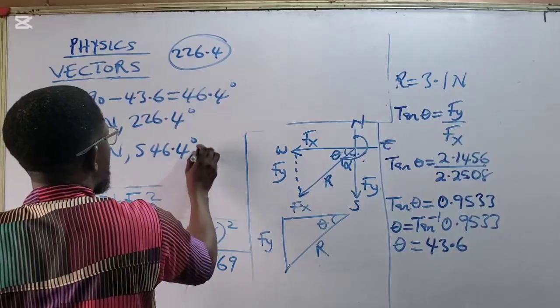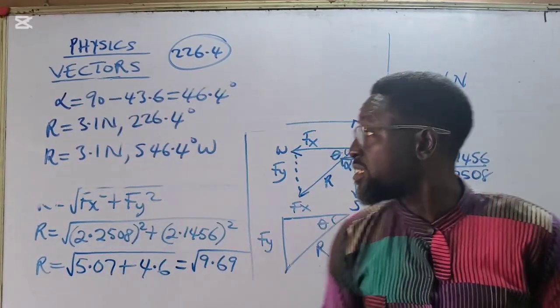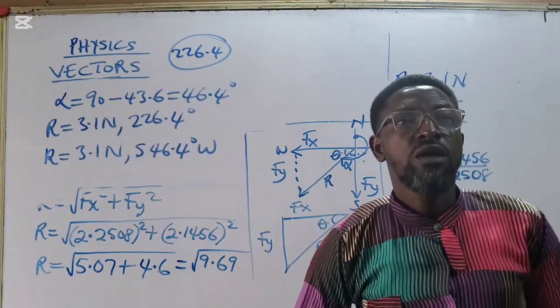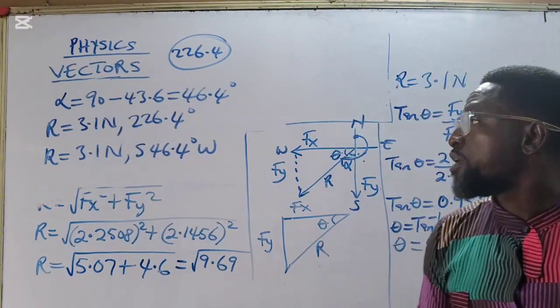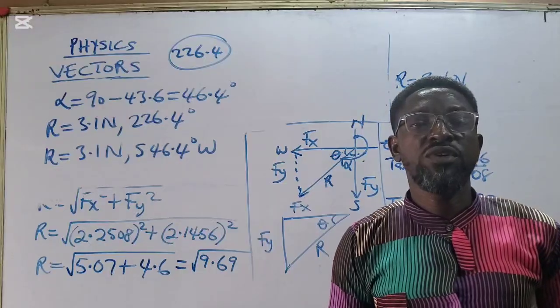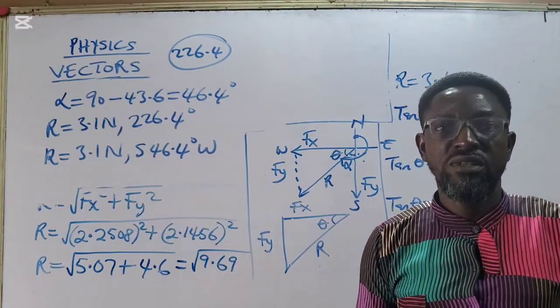So that's the value of the resultant. It's not something that is difficult. Resolution of vector is not something that is difficult. It's something you can easily do if you follow the simple steps.